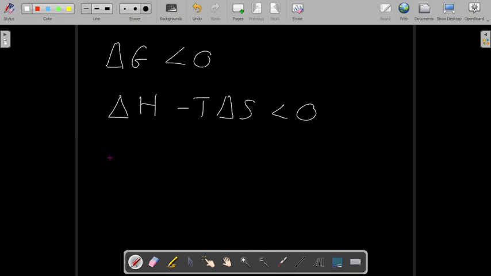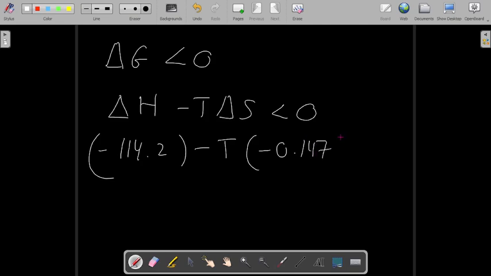What do we have? We have minus 114.2, just going to put the numbers for right now, minus T, which we don't know, and then the other number is minus 0.147, to be smaller than 0.